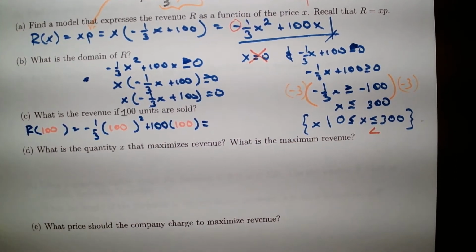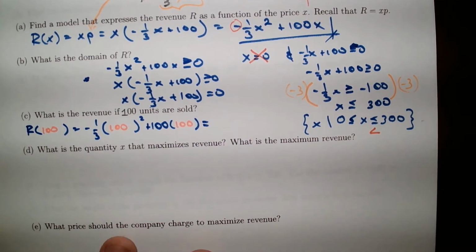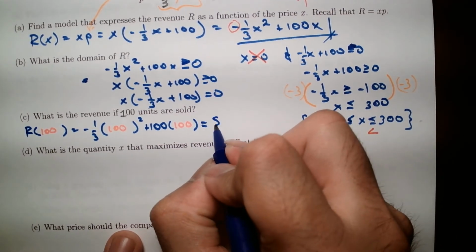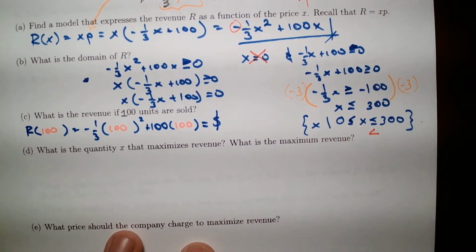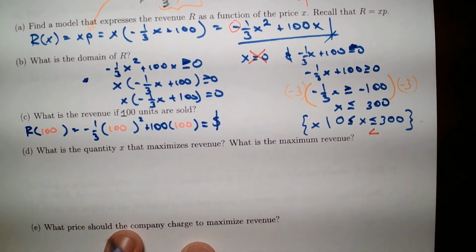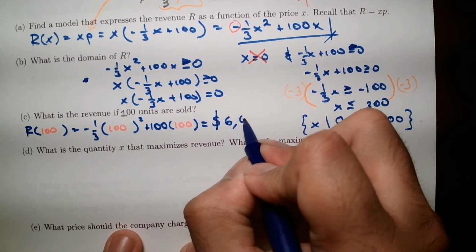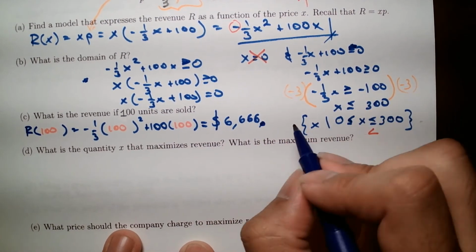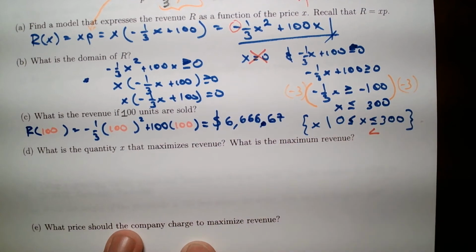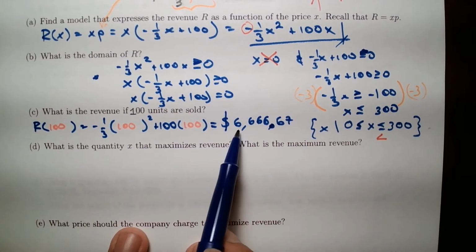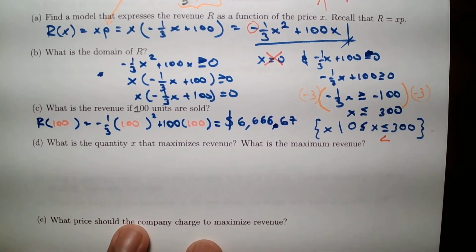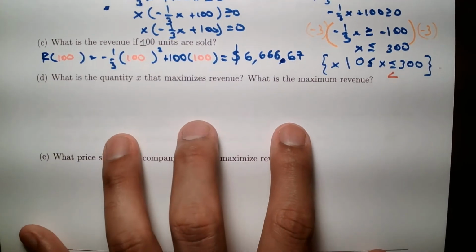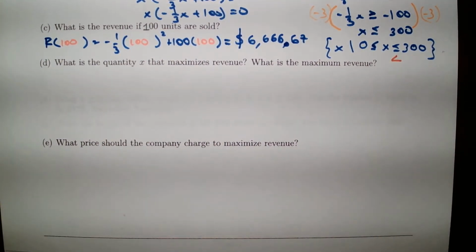Punching this into the graphing calculator, we should get approximately, in terms of money, of course, 6,666 with 67 cents. If you want to pause the video so you can verify this using your calculator, go ahead, and let's move on to the next part.